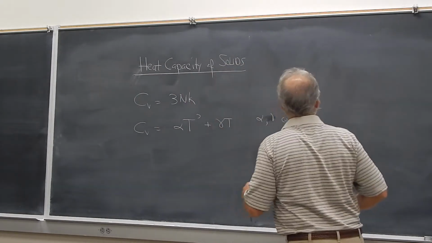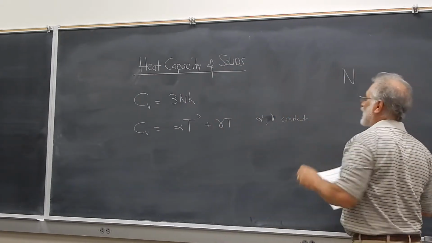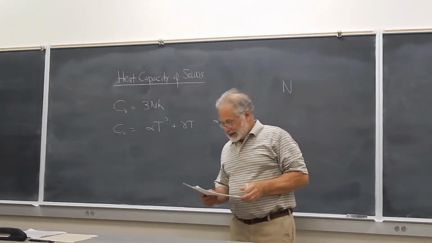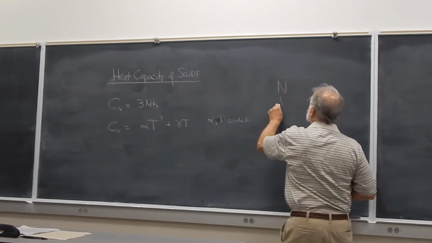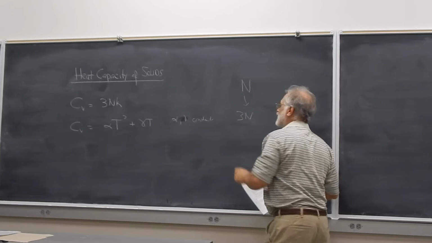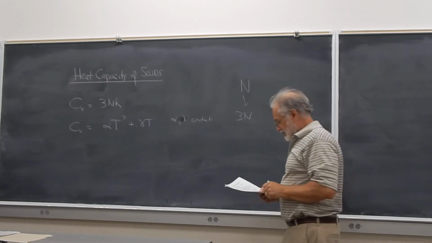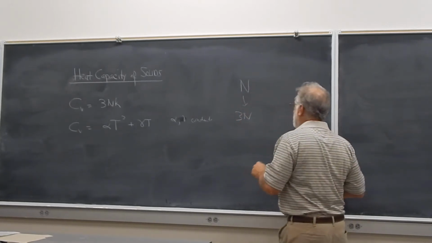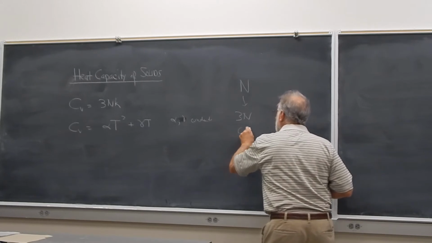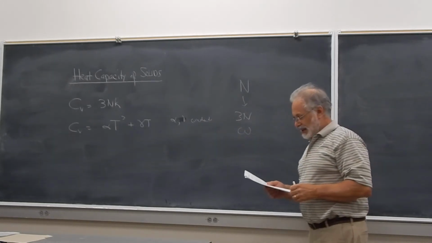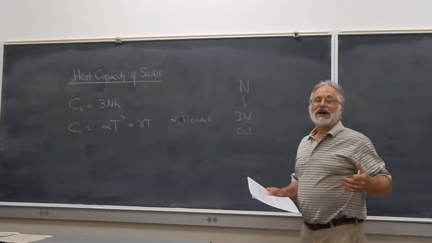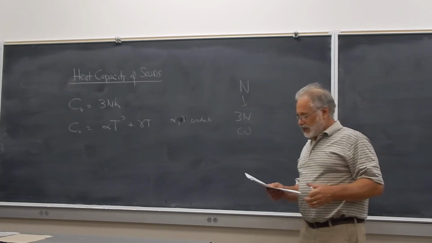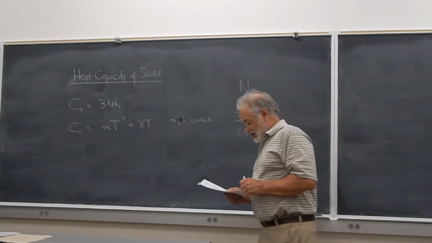Nonetheless, let's go through again the assumptions of the Einstein model. He treats a crystal like an N-atom entity. It has, in 3 dimensions, 3N independent oscillators, and they vibrate. The assumption was they all vibrate with the same angular frequency omega. This turns out to not be a great assumption, but it will help us as we go along.